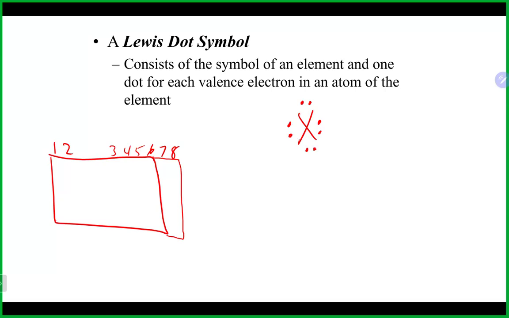The only real rule is no more than 2 dots per side. With 4 sides and 2 dots per side, we can max out at 8 electrons. And as we will see in bonding, 8 electrons is an important number, known as the octet rule.